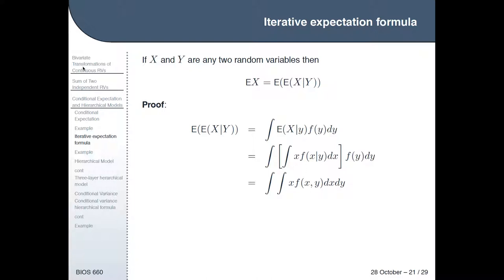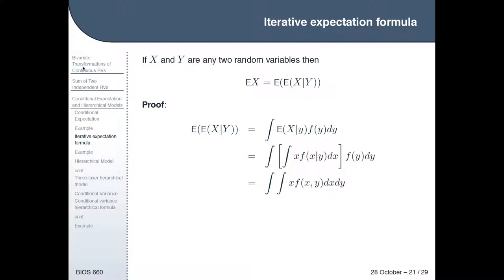So then we combine those two integrals. We get x times the conditional density of x given y, times the marginal density of y. And as you'll recall, the definition of the conditional density is that it's just the joint density divided by the marginal. So it's the same sort of thing: the probability of A and B equals the probability of A given B times the probability of B. That's the same thing here.